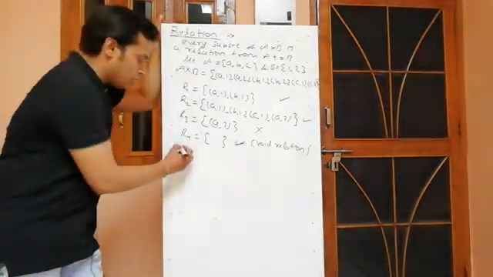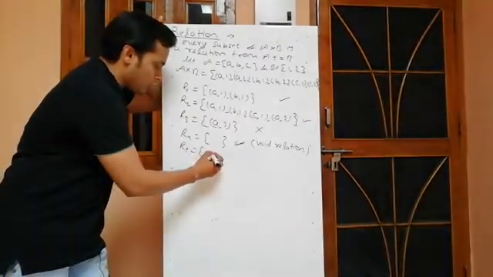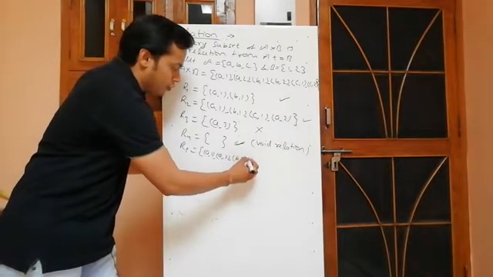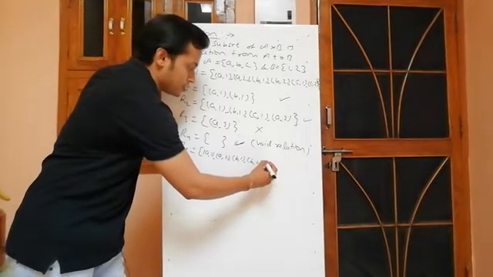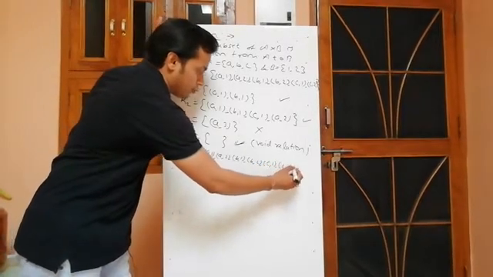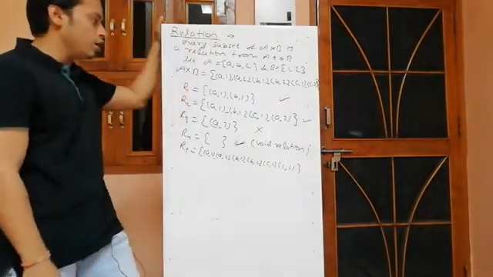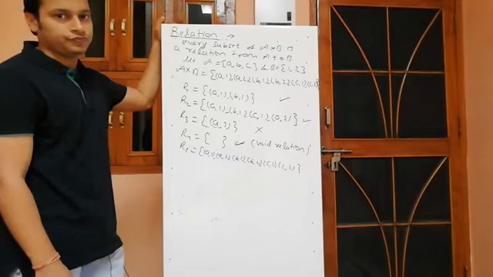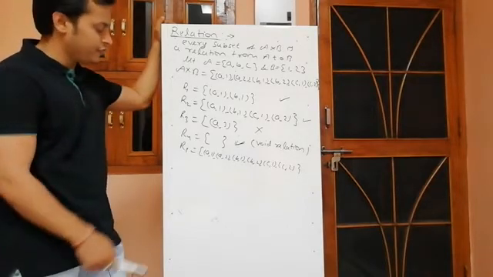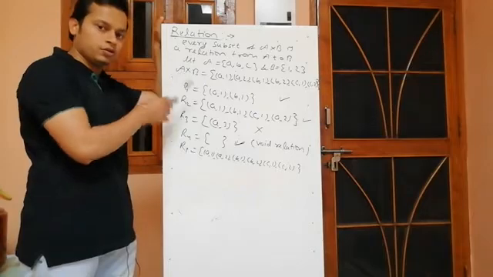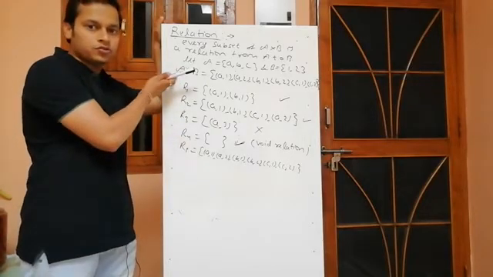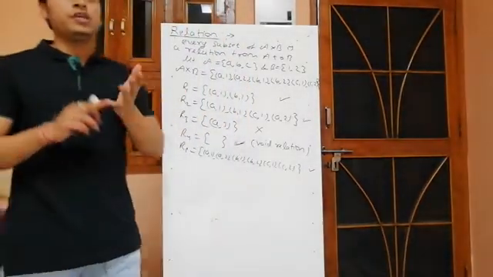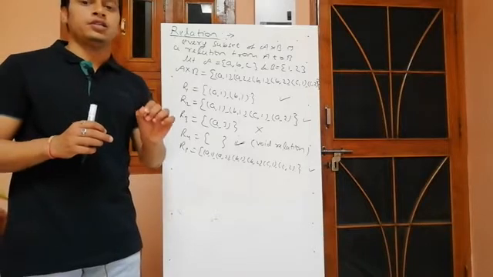Now R5 is {(a,1), (a,2), (b,1), (b,2), (c,1), (c,2)}. Is R5 a relation from A to B? Yes, R5 is itself A cross B, which is also a subset of A cross B. So it is clear: every subset of A cross B is a relation from A to B.